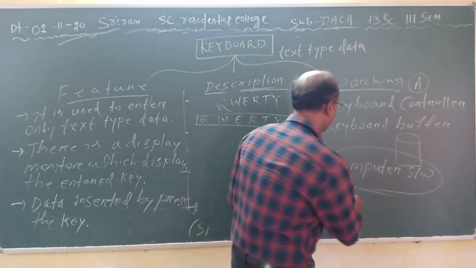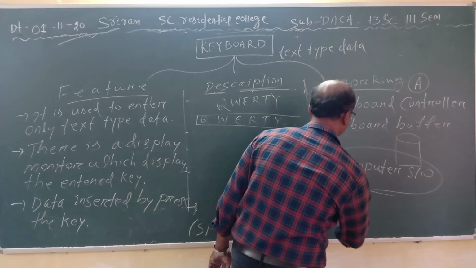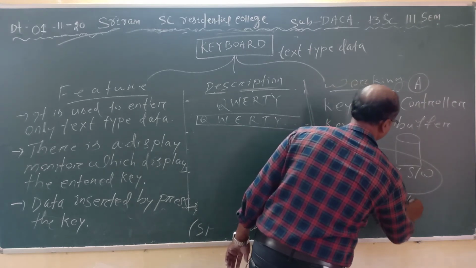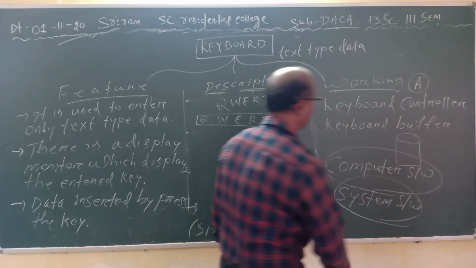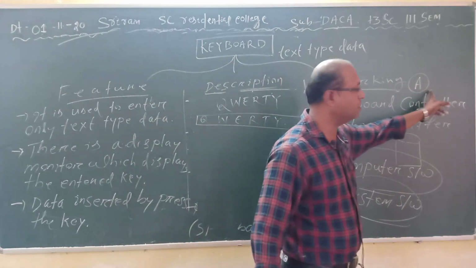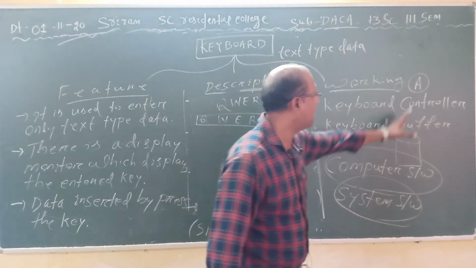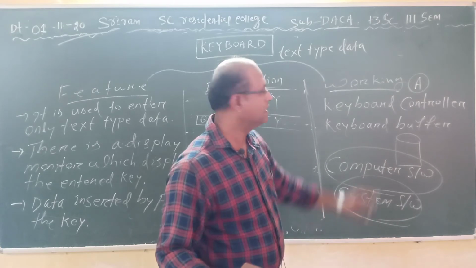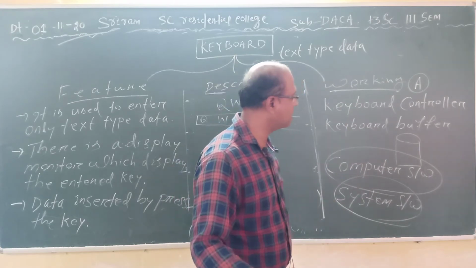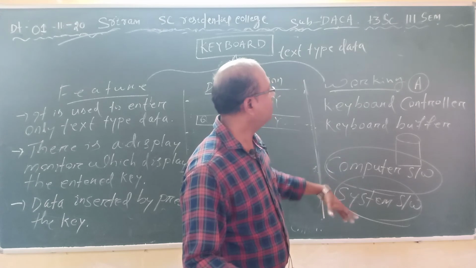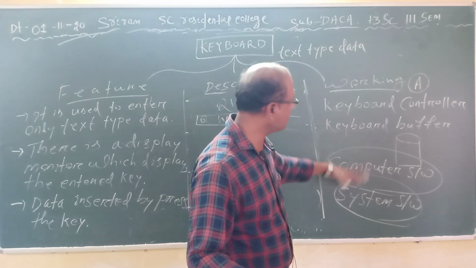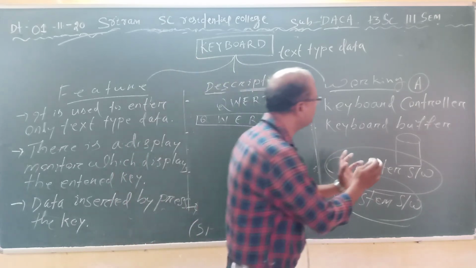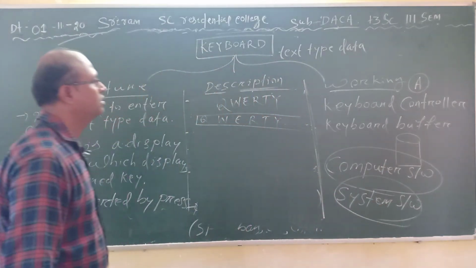Then the system software understands what is happening on the keyboard. The system software accepts the A. This workflow is what you can see inside the keyboard. This is the working mechanism of the keyboard.